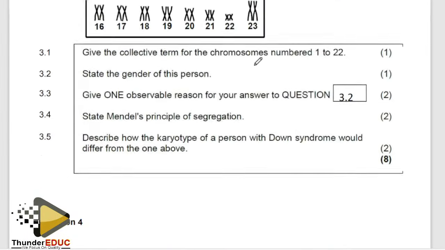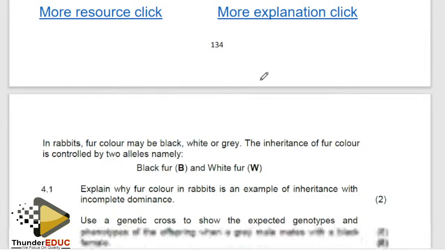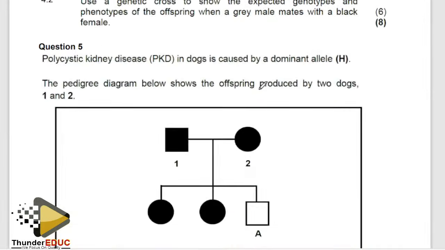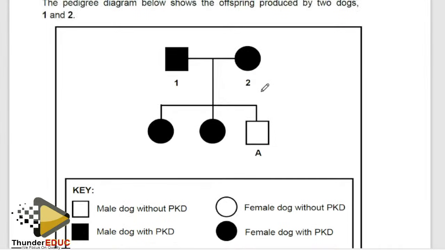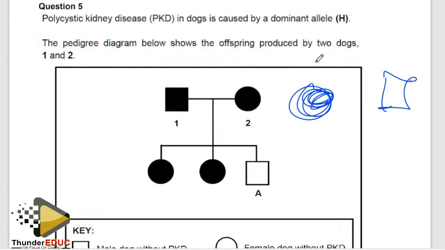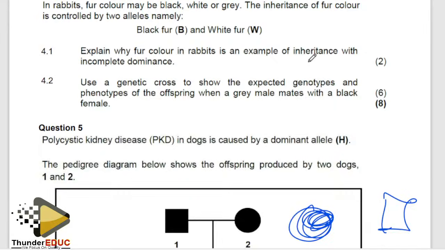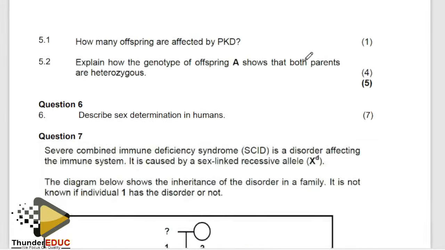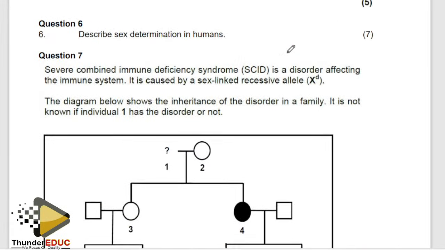Yes, guys, in genetics, I'm not going to talk about the terminologies, but you must know that a circle means a female and a box means a male. Is it clear? That's number 1. Number 2, when they give you a question, identify whether it's sex linked or non-sex linked.